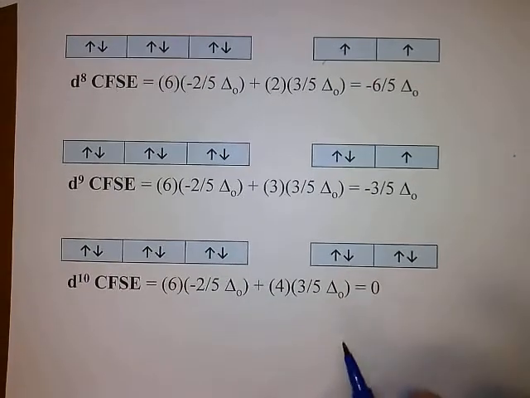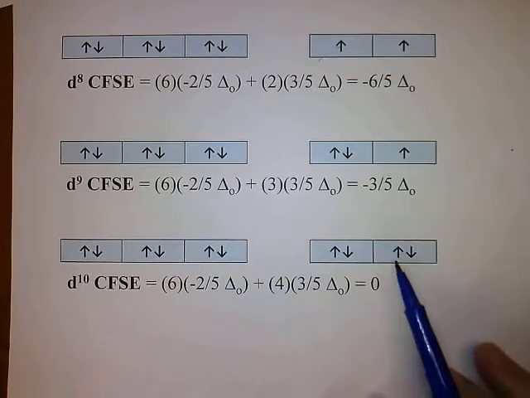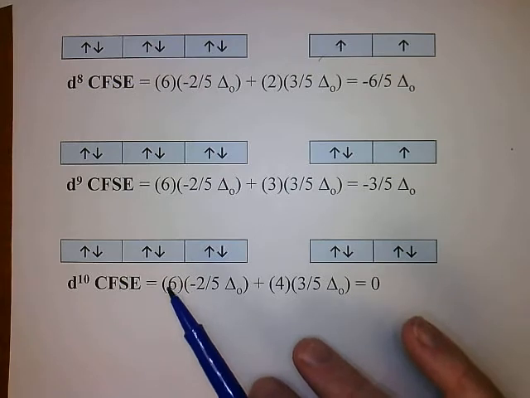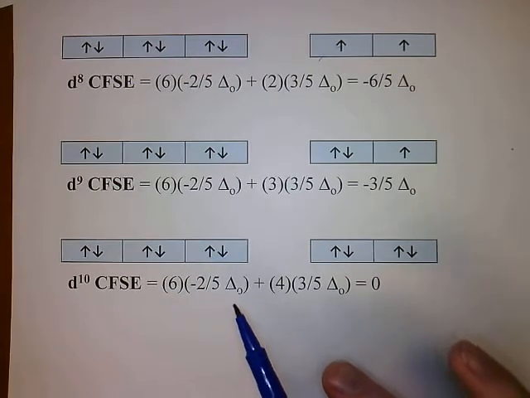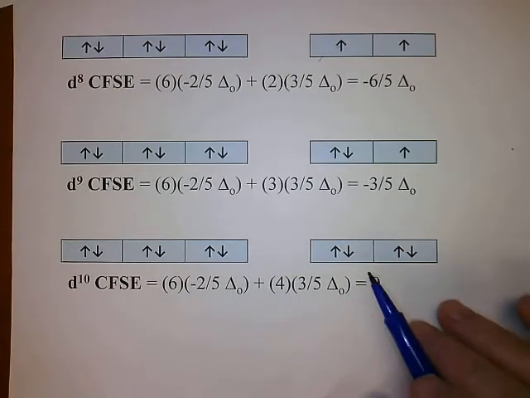And we get to the D10. We have all the electrons filled. We have all the orbitals filled. So 6 electrons lowered by 2/5 of field splitting, plus 4 electrons raised by 3/5 of field splitting.